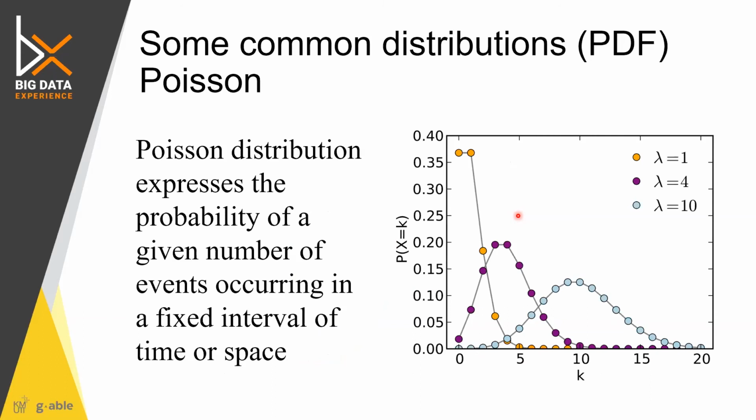This is the Poisson distribution. The Poisson distribution expresses the chance of getting a count value, given a number of events occurring in a fixed interval of time.